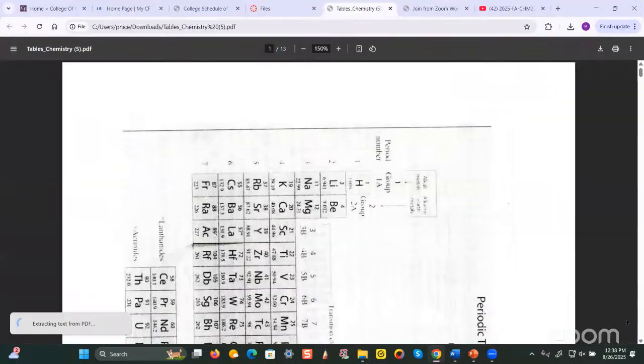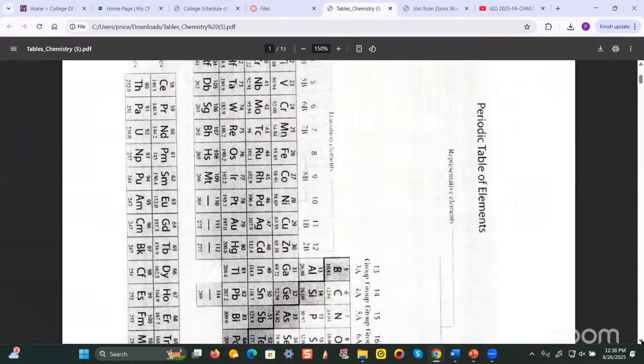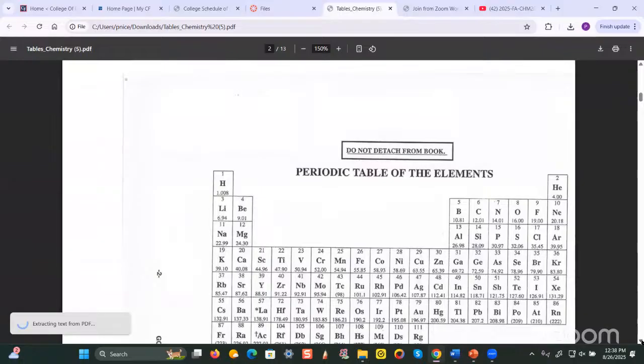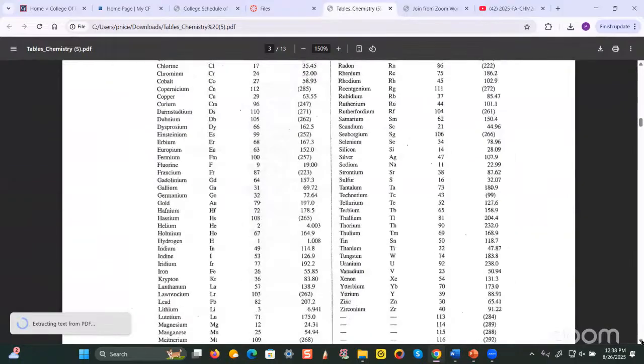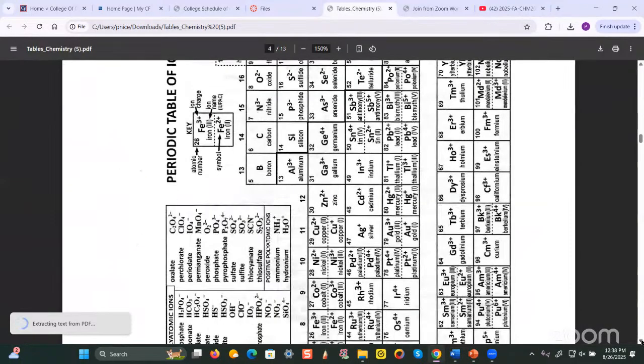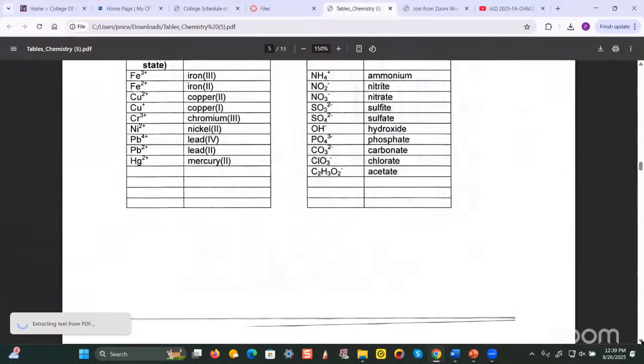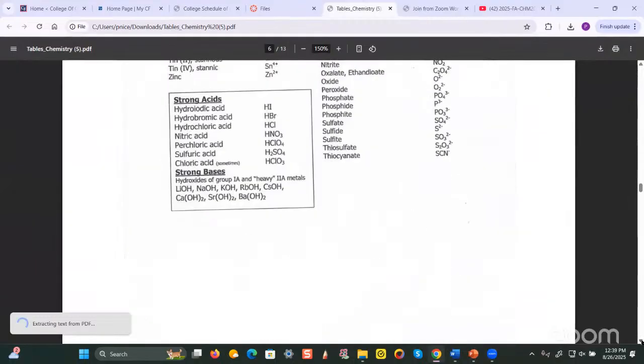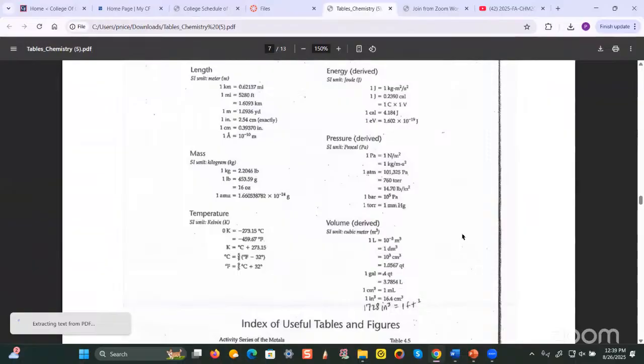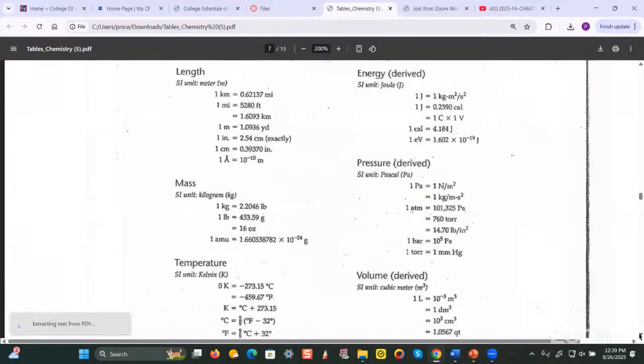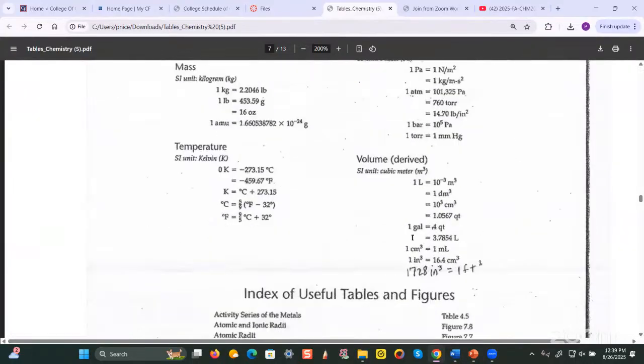Okay, so here is the table, and the particular page is this one. Let's see what we can work with here. Here I see 1 gallon is equal to 3.7854 liters.